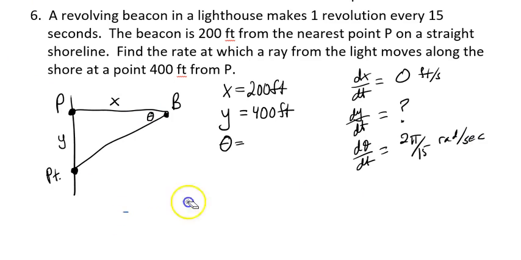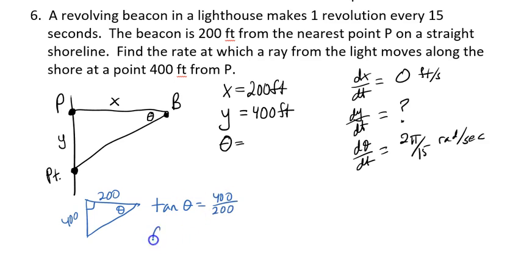And then the other thing I'm going to do with my scratch work is figure out what theta is. So if I plug those values in that we know, the 200 and the 400, I can figure out what theta is, because that's an opposite and adjacent side, so that would be tangent. Tangent of theta is 400 over 200. To get that theta, I can do an inverse tangent.